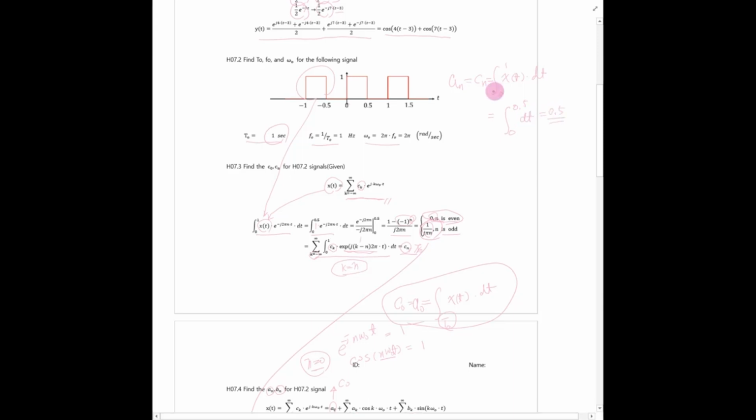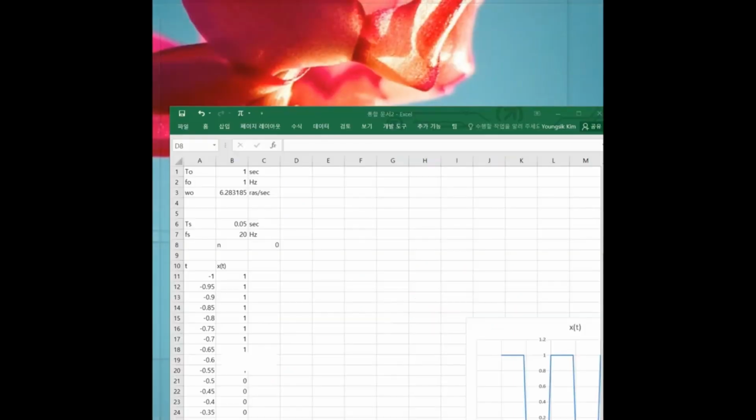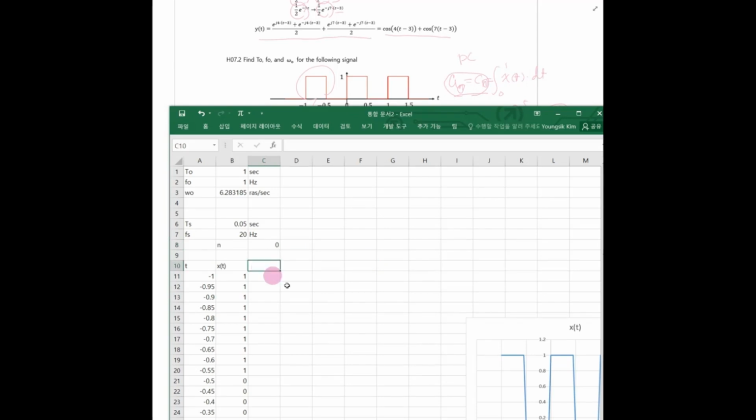So for the n equals 0 harmonic, the DC component is 0.5. I can write down the DC component as 0.5.